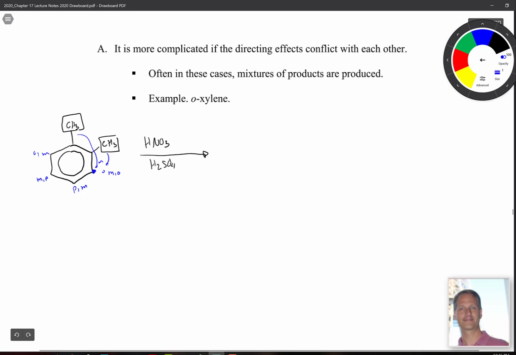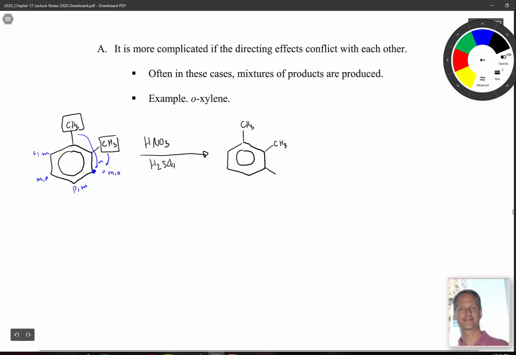There's a problem everywhere. So in this situation, we're going to nitrate it at these positions because there's no clear winner. So in this case, there's no best place. There's just a problem at every place, essentially.